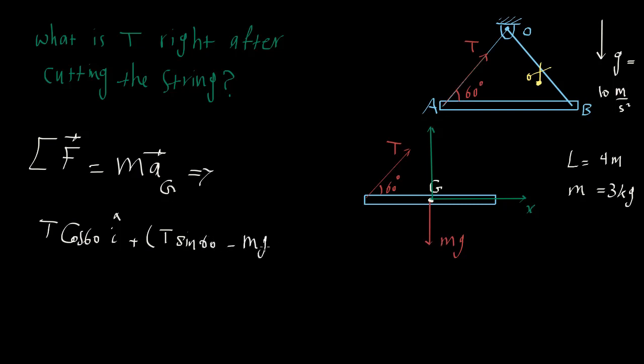This is equal to m times a_Gx i plus a_Gy j.